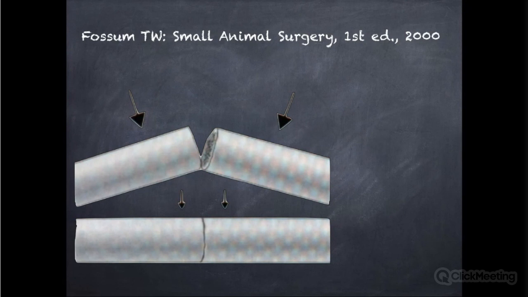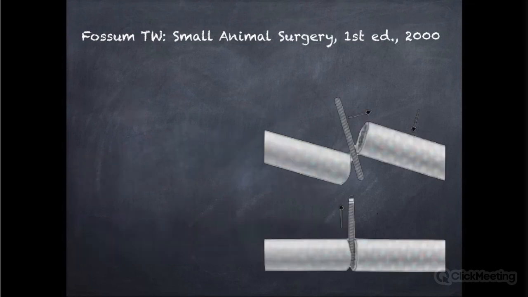For example, the oblique technique, so inclination of the stumps, and then when we can reach their contact, we can push on them, and I think this is completely acceptable. And the leverage technique, I think this is still a good reduction technique. So putting a periosteal elevator or some kind of leverage between the two stumps, we may be able to use it to reduce the fracture, and I think this is good as well.